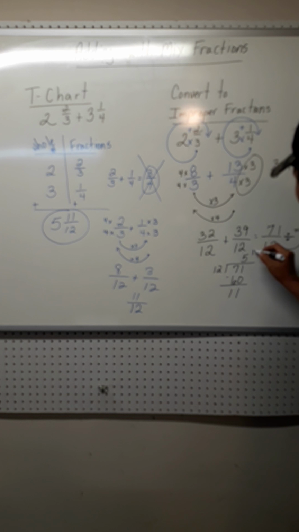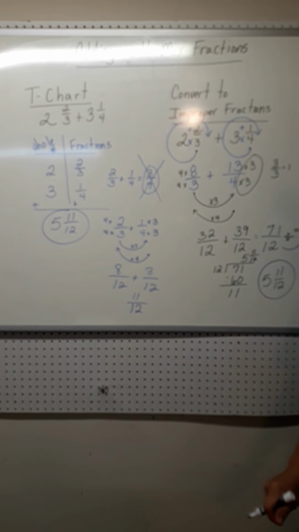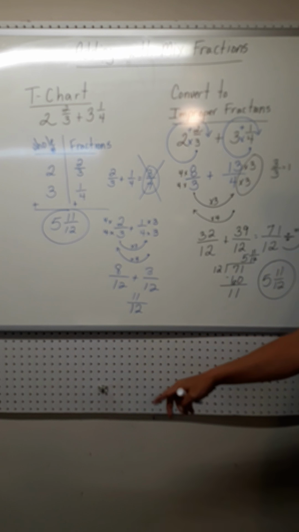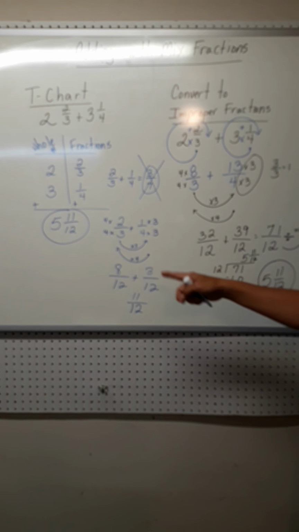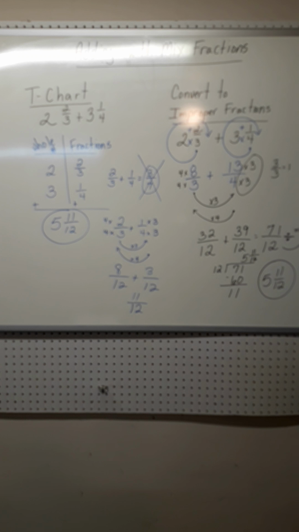So I have 11 over, what was my common denominator? 12. That's the same thing as my divisor. So you can see that my final answer using this method is exactly the same as the t-chart. I just think that using the t-chart is a lot faster and smaller numbers are being used. Hopefully this helps you guys.